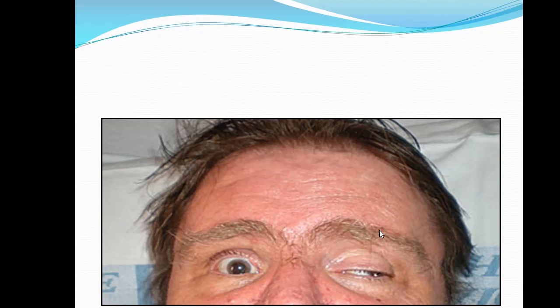So there will be unopposed action of the lateral rectus muscle and the superior oblique muscle, and this will cause the eyeball to deviate outward and downward. We know that the function of the lateral rectus muscle is to move the eyeball outward, and the function of the superior oblique muscle is to move the eyeball downward. So the eyeball is rotated downward and outward. This is the case of third nerve palsy, a lesion of the third cranial nerve.